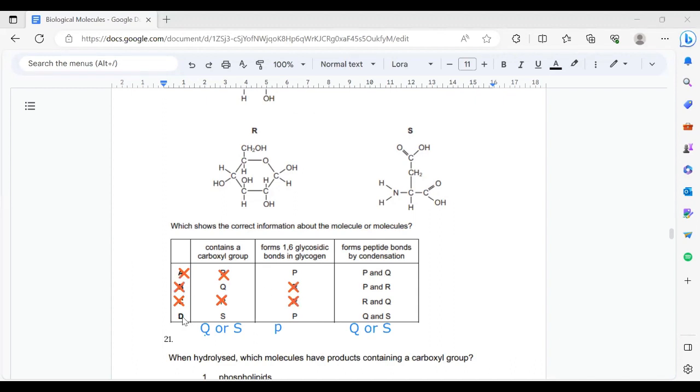So now we're left with answer D, which is our correct answer. And we can also look here. Oh, it says and. So Q and S form peptide bonds, which we figured out earlier. P is the correct option for this column, and for this column, Q or S is the correct option. So here S is present, so it is the correct option. So like this, our correct answer for 20 is D.